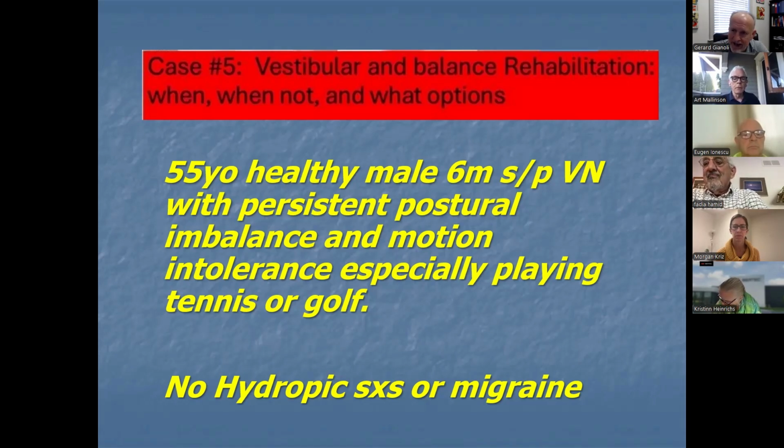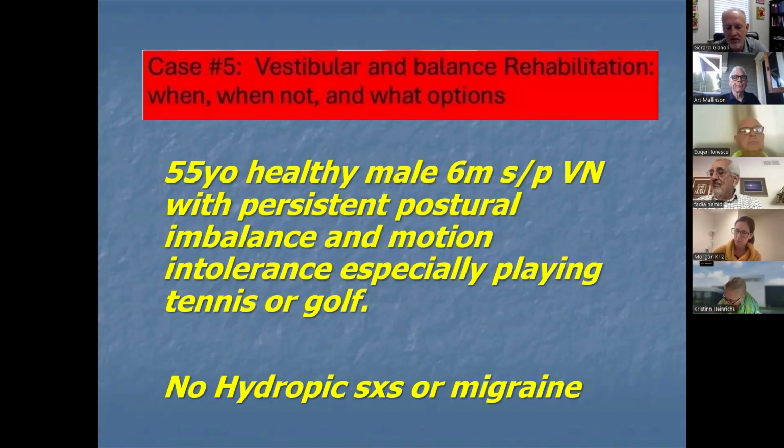Is he still on some vestibular suppressant medications that are preventing compensation? Is he having some sort of anxiety or panic preventing him from exposing himself to activities where his vestibular compensation would be more appropriate? And then you have to ask yourself, is there something going on the other side as well?